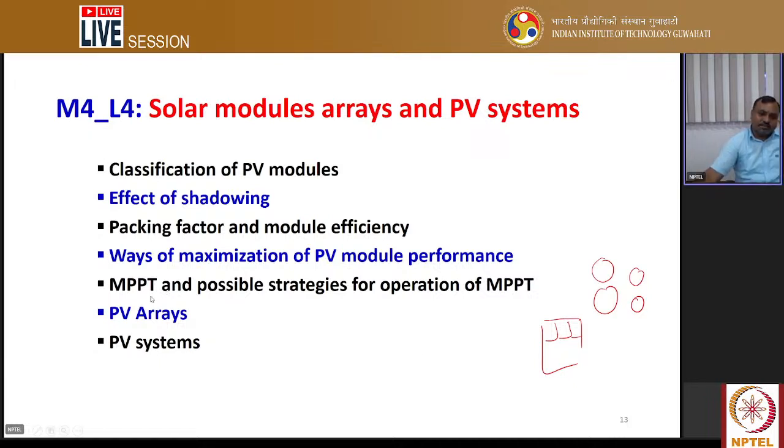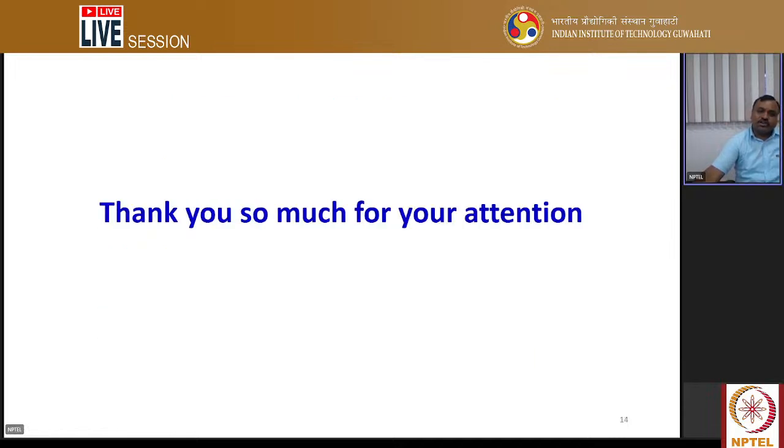Also, we have discussed MPPT, maximum power point tracking, and possible strategies for operation of MPPTs, PV arrays, and PV systems. These were all covered till last week, and 4 modules have been covered so far.